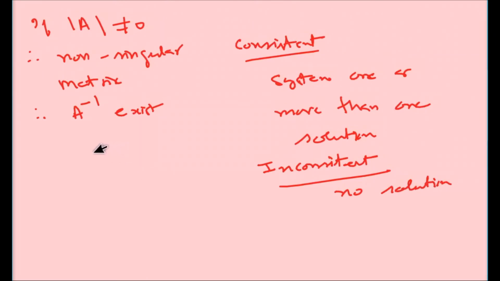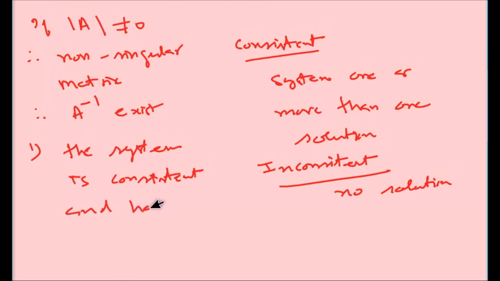Okay, so if A inverse exists, then we can say the system is consistent and has a unique solution.